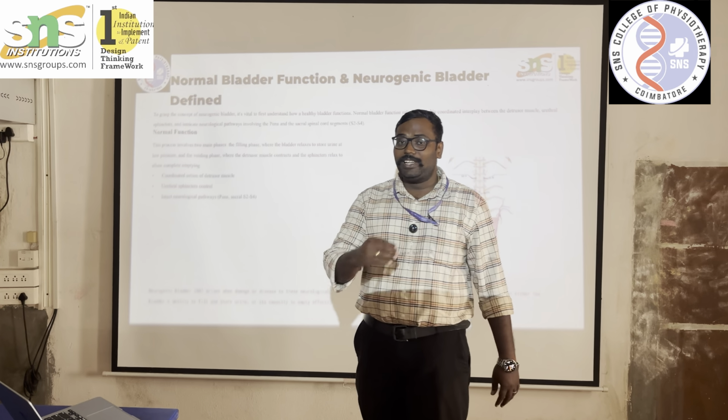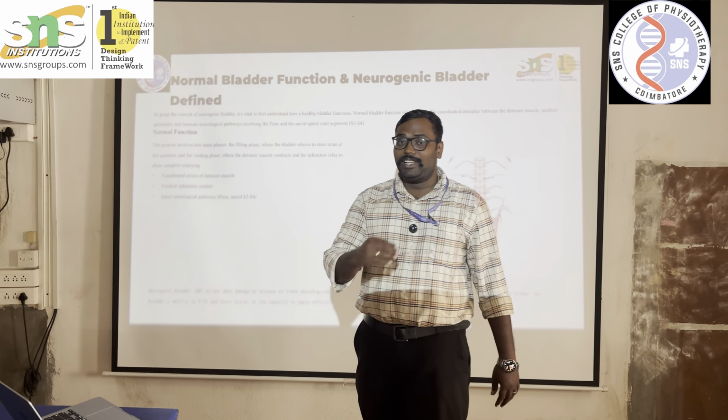So what is the nerve which is acting here? Here you can see the spinal cord segments S2 to S4, the sacral segments, which supply the nerve supply to the detrusor muscle. You can learn this in a very simple manner through three conditions.